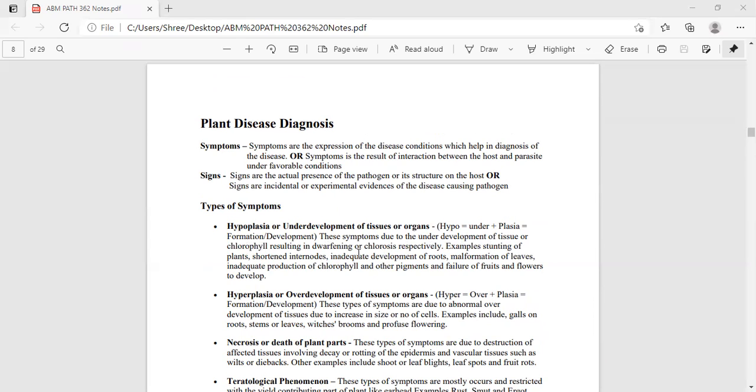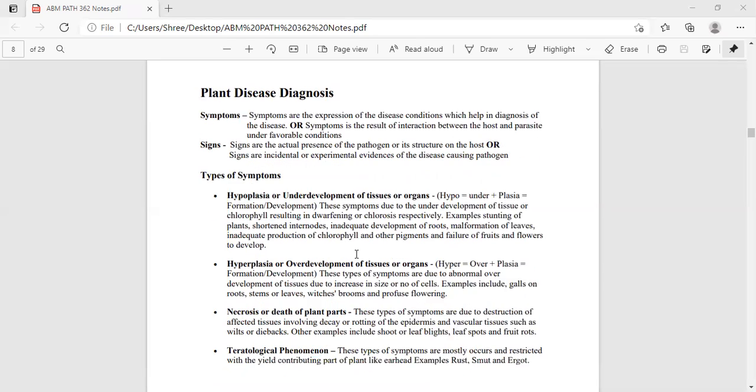When the plant is infected by any pathogen, it causes an adverse effect leading to underdevelopment of the tissue and of the chlorophyll, resulting in the dwarfing of the plant. So it is known as hypoplasia.